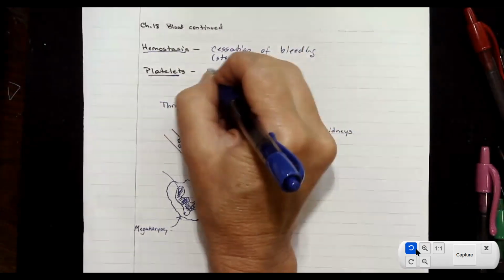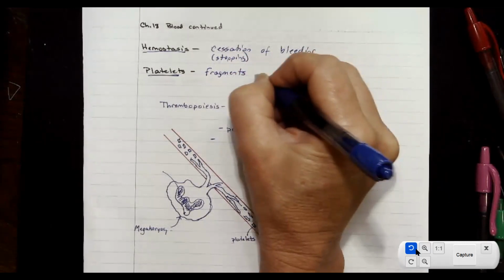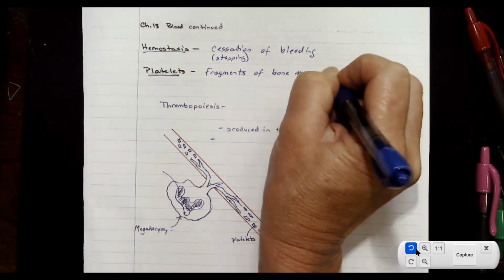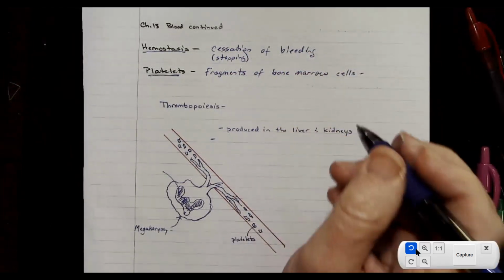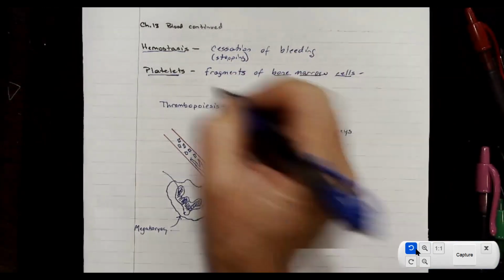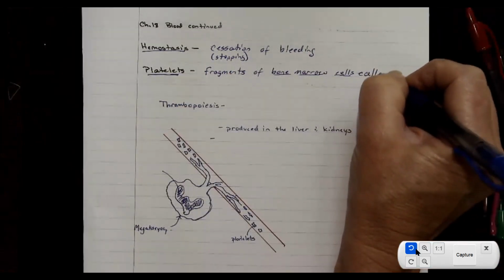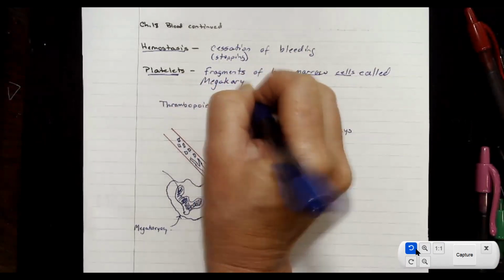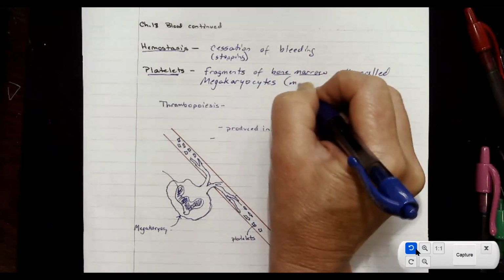Platelets are fragments of bone marrow cells. Which specific bone marrow cells are we talking about? We are talking about cells called megakaryocytes. And these come from monocytes.